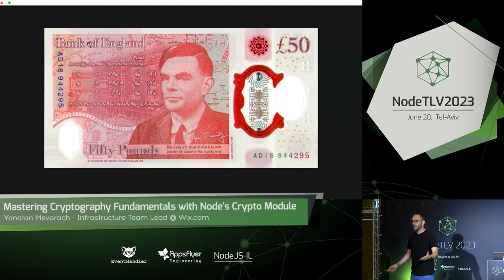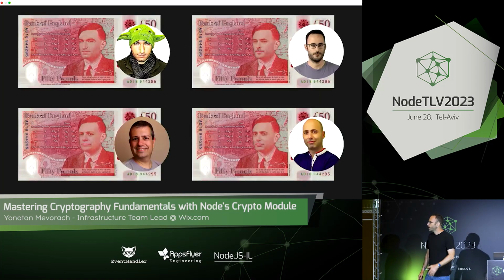So for this amazing achievement, he is now immortalized on the 50-pound banknote. And I think this is really cool because, yes, he did amazing things that we would probably never achieve, but in a way, he was also a programmer, just like one of us. And I'm just imagining a normal programmer, maybe giving a talk at NodeTLV and then having his face be on the currency. I think it's just an amazing thing.